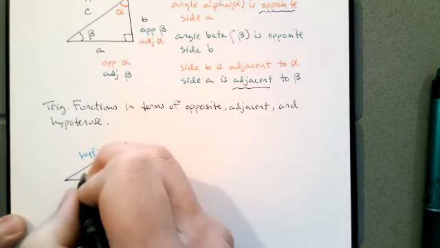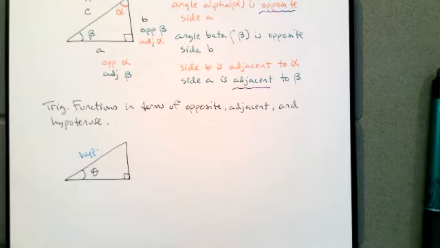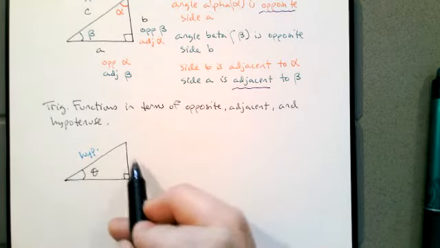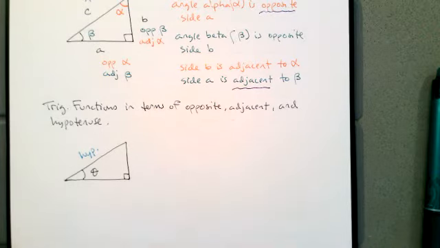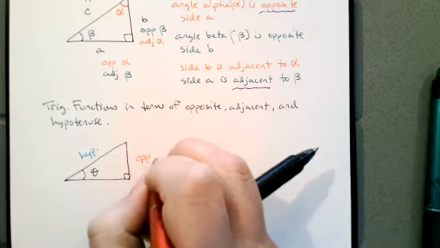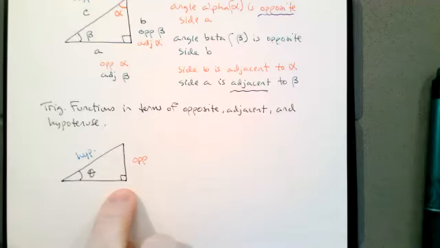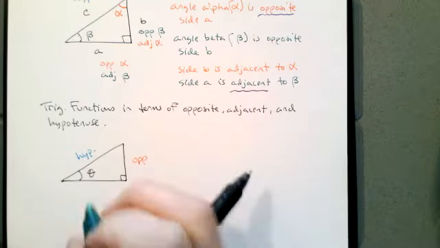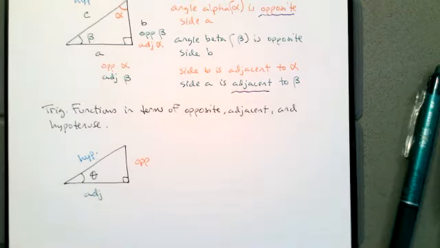So if I talk about this angle down here, and I'm going to give it the name theta, then this vertical side is the side opposite theta. And this horizontal side will be the adjacent side. I can just say opposite and adjacent because we're only talking about this one angle, theta.